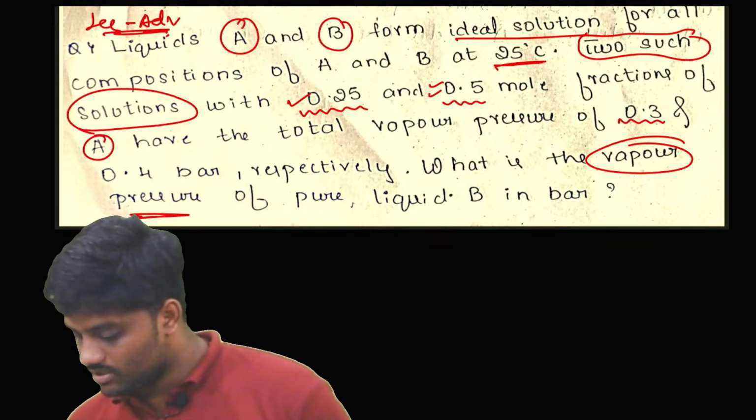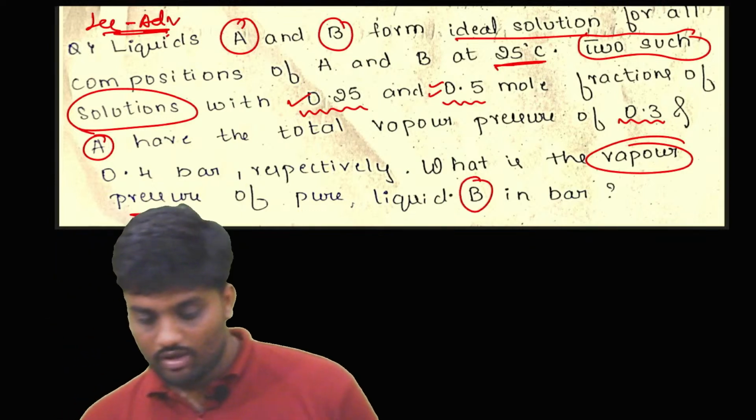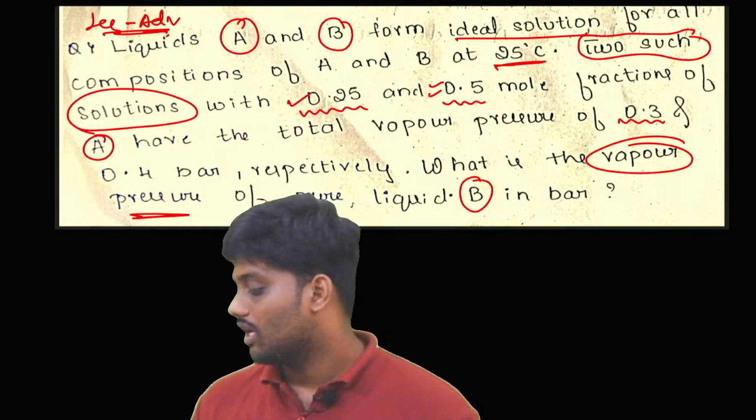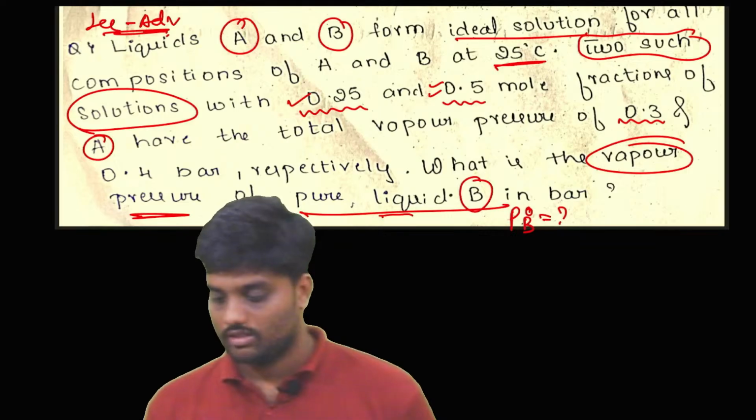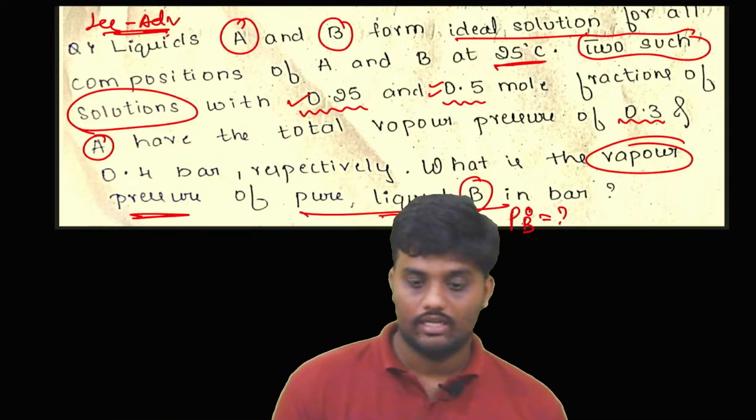They are asking for the vapor pressure of pure liquid B, that is, PB not.